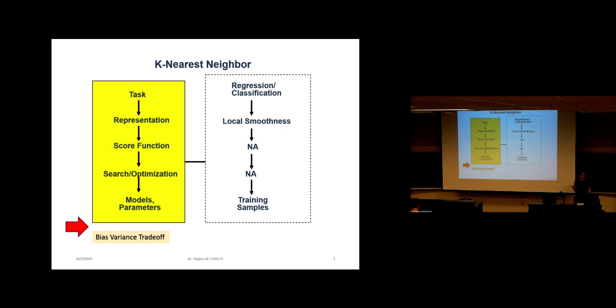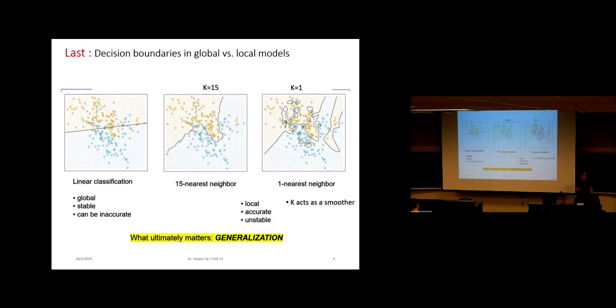All right, let's talk about bias and variance trade-off. This figure encourages us to think about it. When you face this type of training data, what should the decision boundary be? In this problem we are trying to learn to distinguish the orange from the blue.